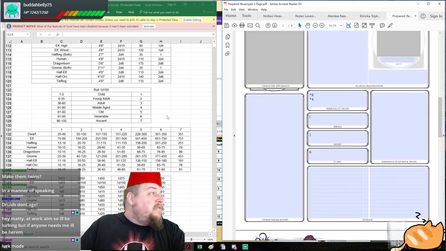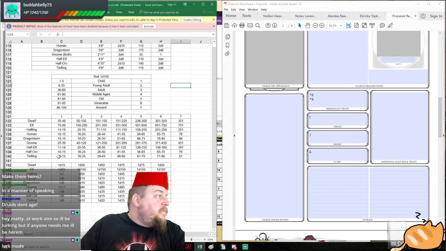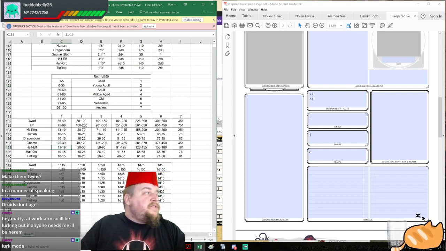Let's see how old she is. We have half-elves. A child prodigy is between 11 and 19 years old, as it would be considered in the culture to be.